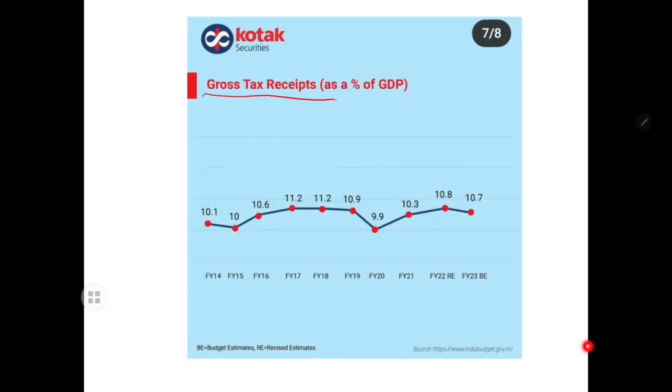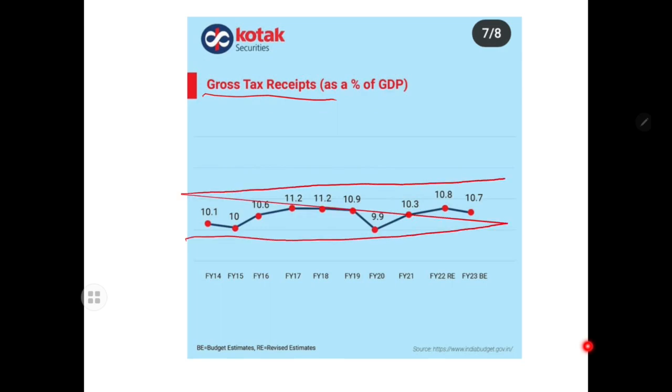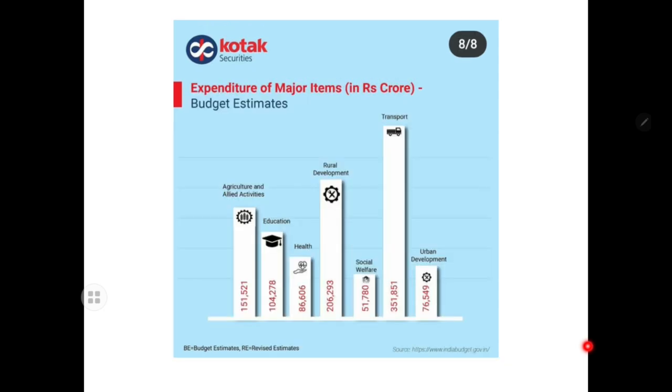Now gross tax receipts, if you look at the graph, are in a consolidation mood. Let's change. The expenditure of major items.